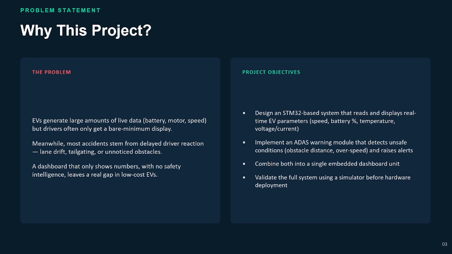But if you think about it, a lot of accidents happen just because of drivers' delayed reactions, like they are not noticing an obstacle in time or not realizing that they are going too fast. So the idea behind the project was, what if we combine both of these? Build something that shows the EV data and also warns the driver when something is unsafe. That is what this project was.